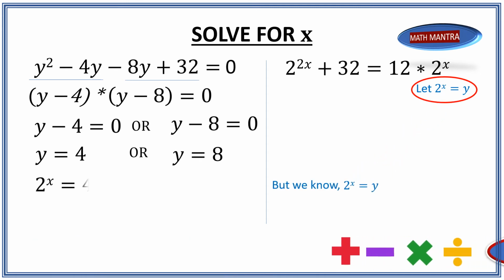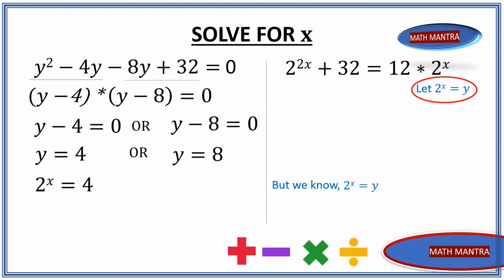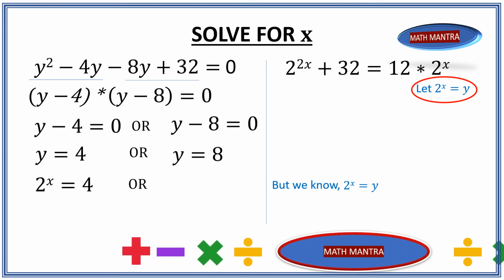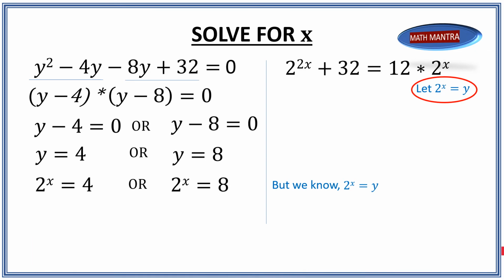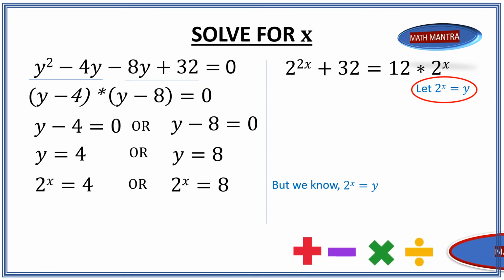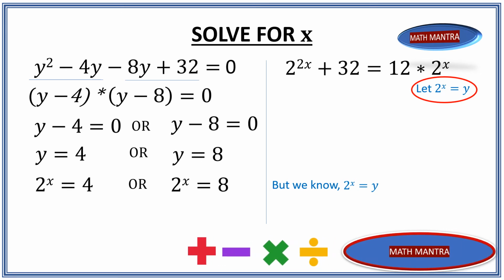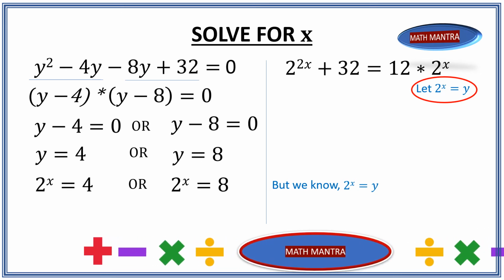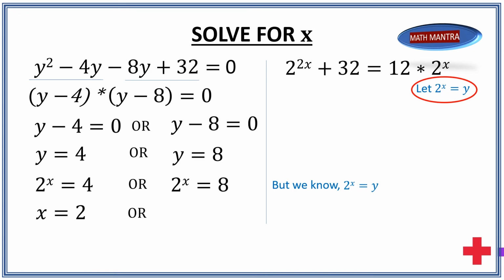So 2 to the power of x is either equal to 4 or 2 to the power of x is equal to 8. So now if you look at that, it's pretty simple, right? 2 square is 4 and 2 cube is 8, right? So x is either 2 or x is 3.